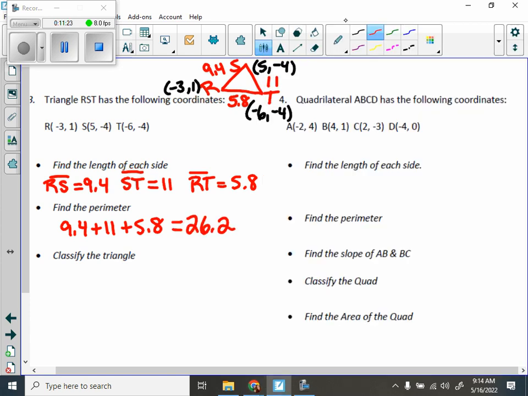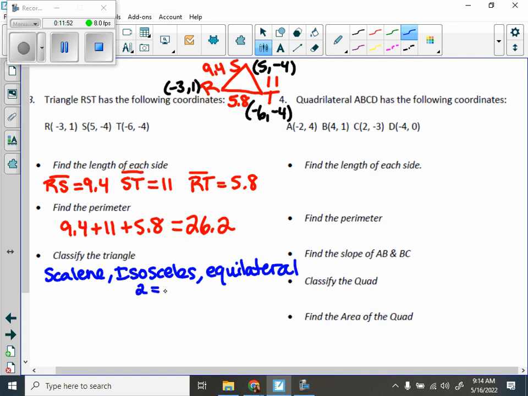All right, now, when I say classify, I'm talking about side lengths, okay? Your options here, I'm going to write them down, okay, are scalene, isosceles, and equilateral. Okay, do you remember the difference between all three? One has 2 equal sides. Which one's 2 equal sides? Isosceles.